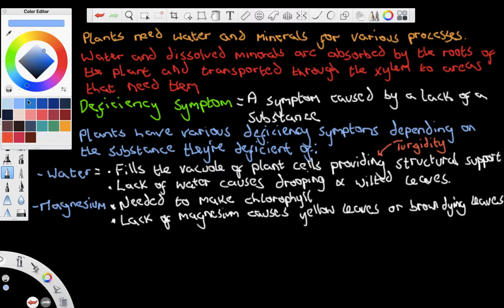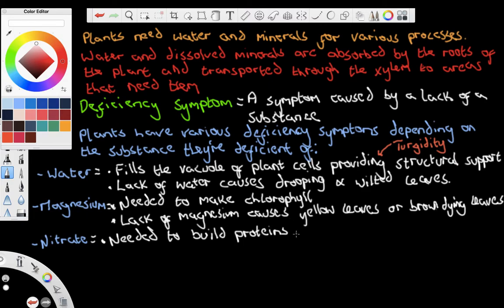Our next one is nitrate ions. Now, nitrate is needed to build proteins, and it's needed for chlorophyll. So for nitrate, we can say needed to build proteins and chlorophyll.